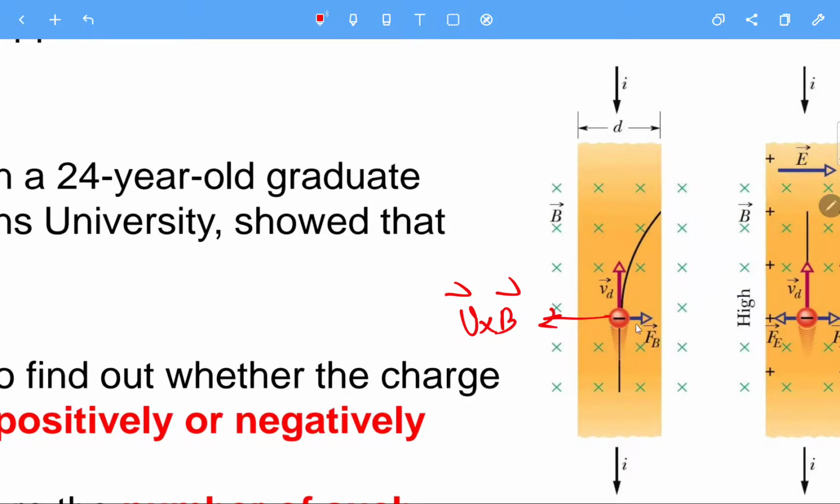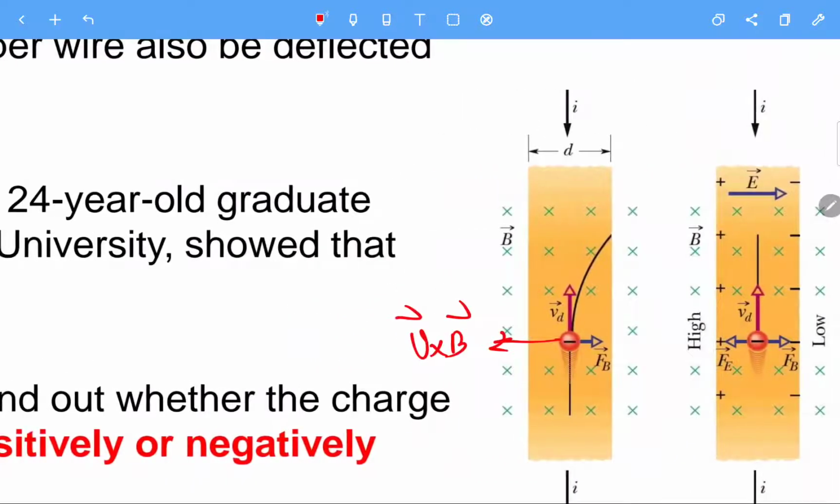In this case, there will be a force acting on this charge, which means that more and more negative charge will accumulate on the right side, which is shown here.